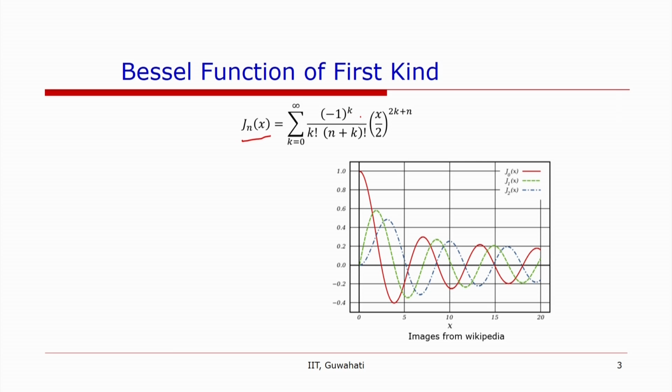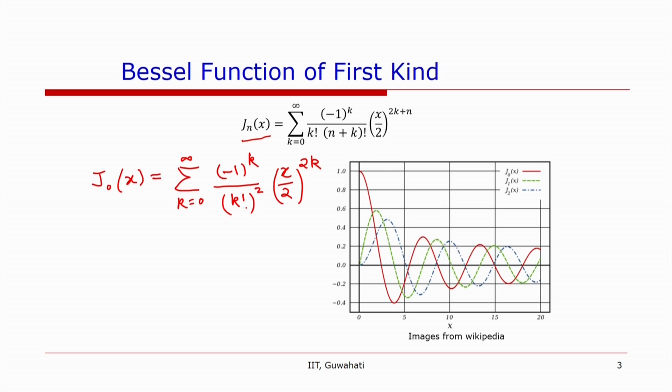What we are concerned with is J0. So J0(x) is the sum from k equals 0 to infinity of minus 1 to the power k, over factorial k squared, times x by 2 to the exponent 2k, because n is equal to 0.